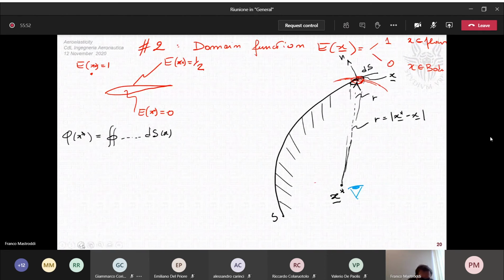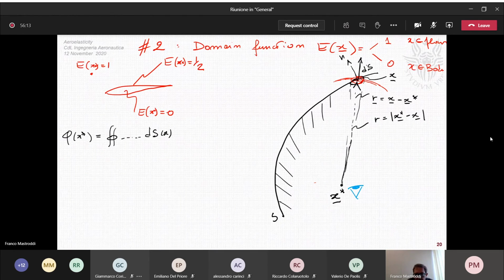And I have also a vector r, the r vector, or simply underlined. My vector r is equal to position vector x minus position vector x star. Okay, standard. And I have also a unit vector in this direction.